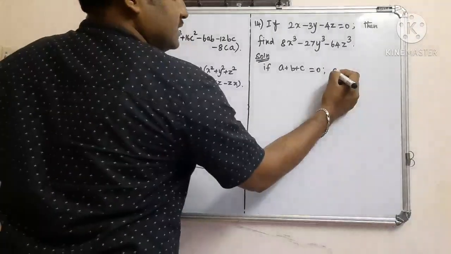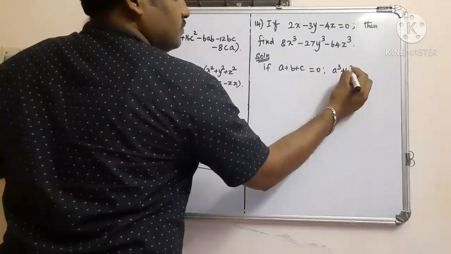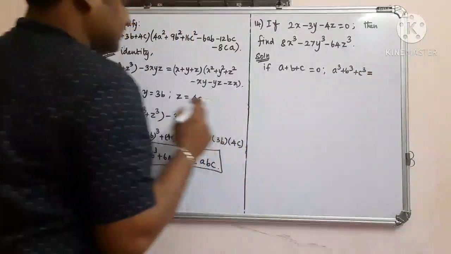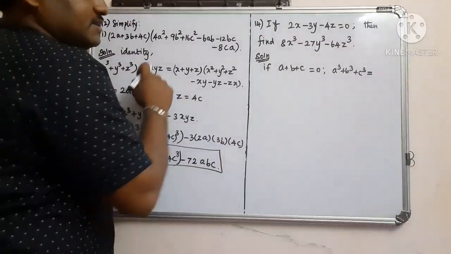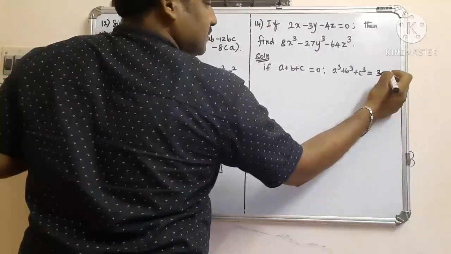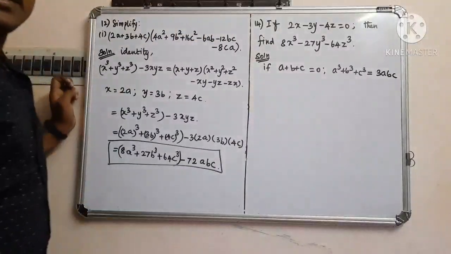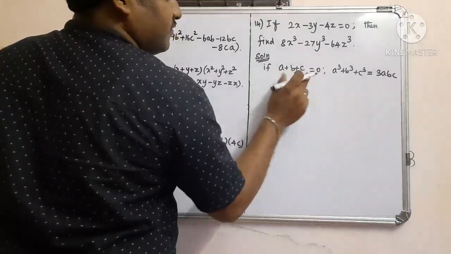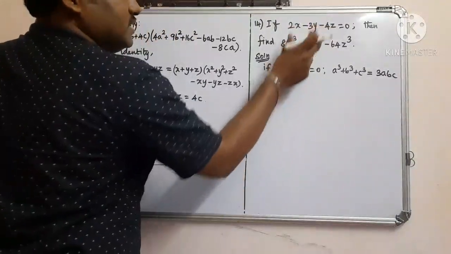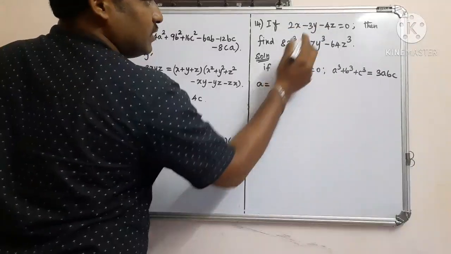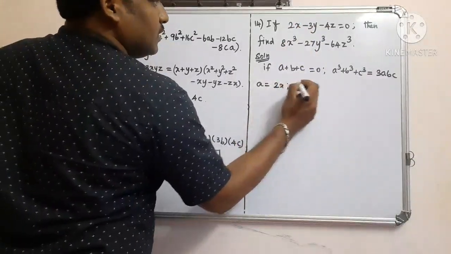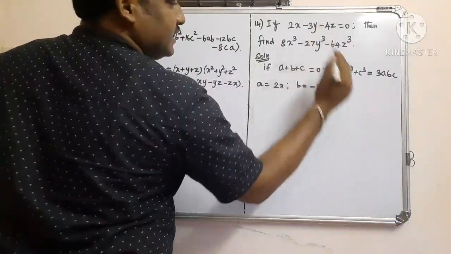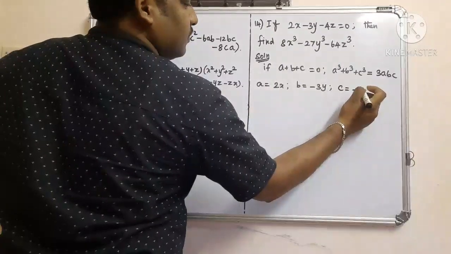Then the formula is a cube plus b cube plus c cube minus 3abc, which should change into a cube plus b cube plus c cube equal to plus 3abc. Instead of abc you can use xyz also. So a plus b plus c is equal to 0. Comparing these two equations, a is equal to 2x, b is equal to minus 3y, and c is equal to minus 4z.